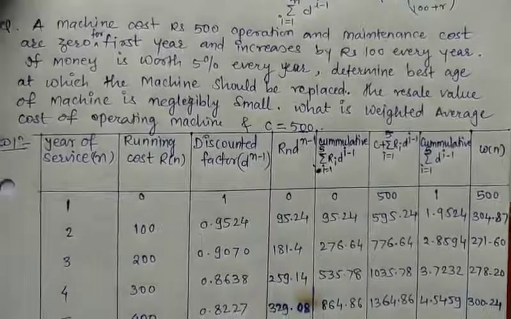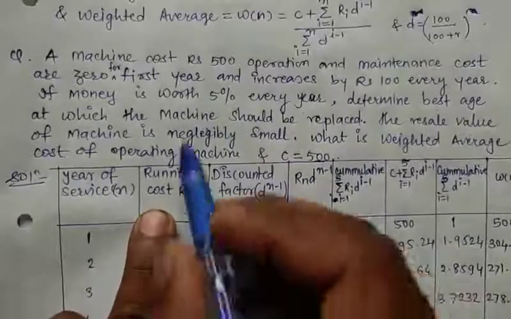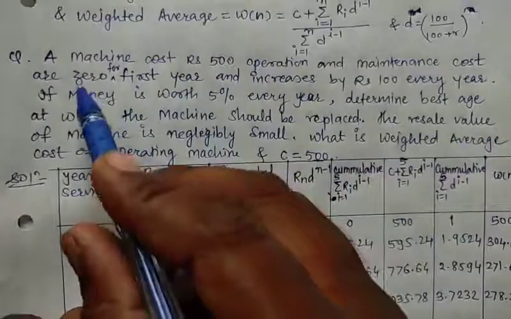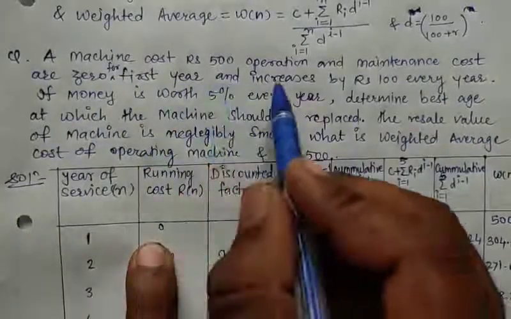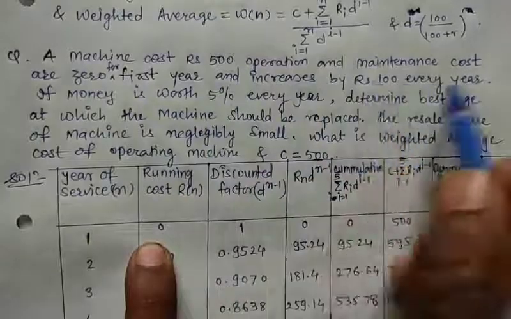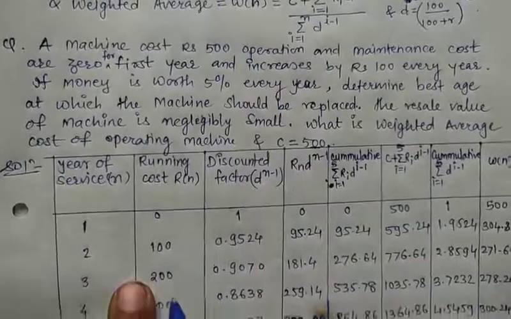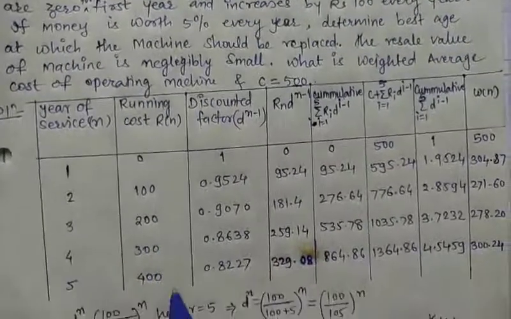Year of service; we take 5 years. Now its running cost. We have been given operation and maintenance cost, that is running cost, as 0 for the first year and increasing by 100 every year. So first year 0, and every year it increases by 100: 100, 200, 300, 400 and so on.